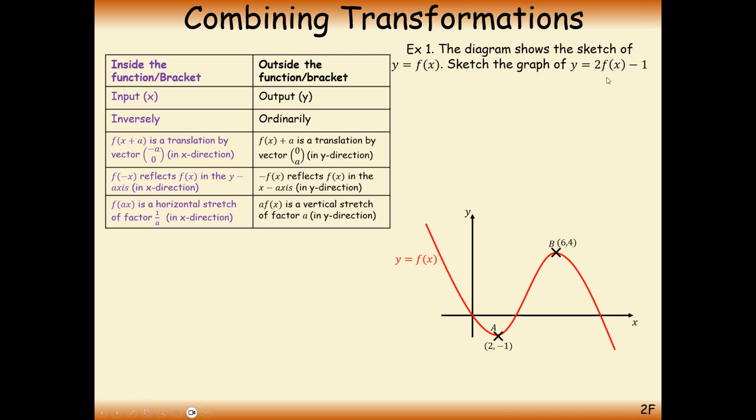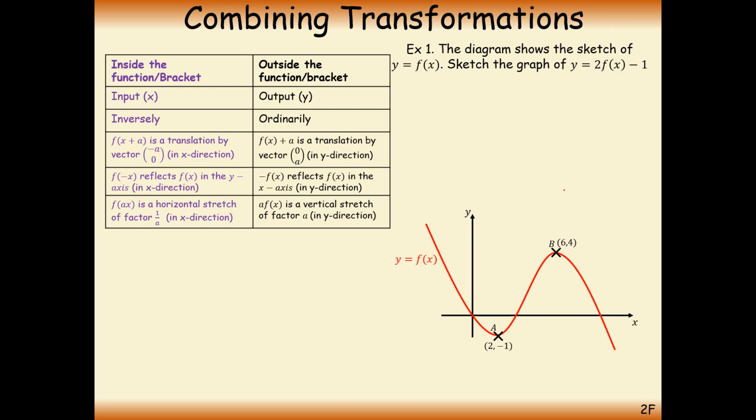The factor of 2 outside of the function will stretch the graph by a factor of 2 upwards and downwards. So this value of 6, 4, how will it change? The value of 6 is the x value, so 6 will not change. But we will have 4, which is the y value, doubled.